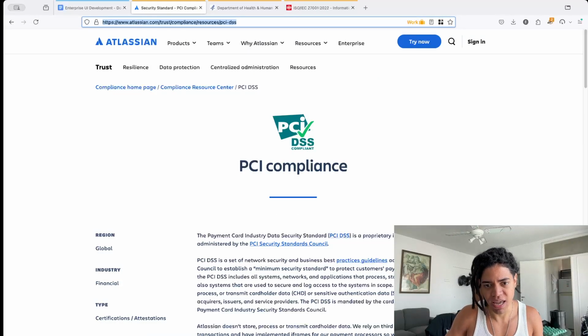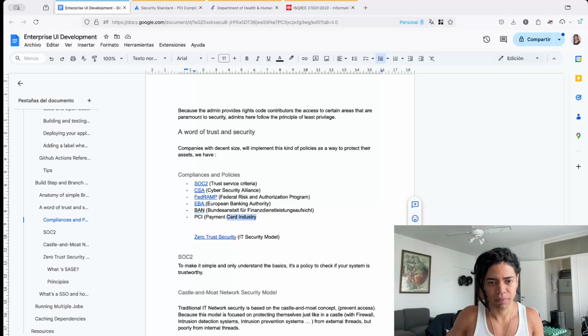Payment Card Industry Data Security Standards. Again, this is just to describe briefly.